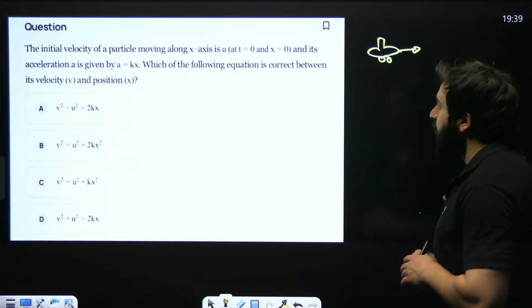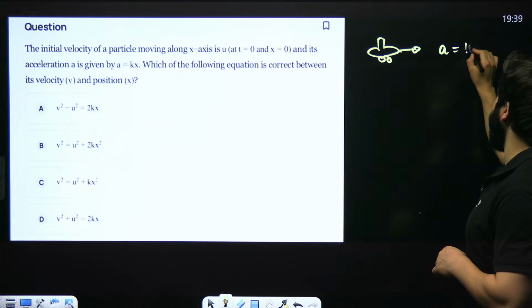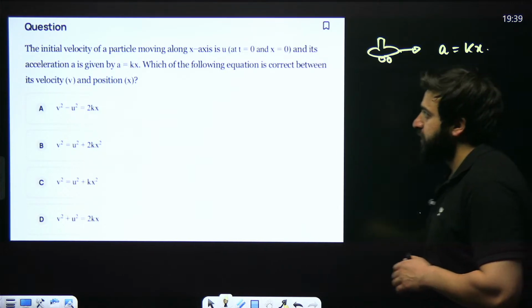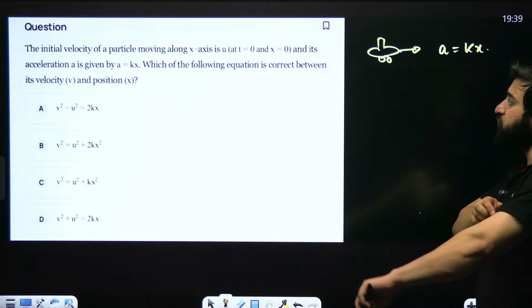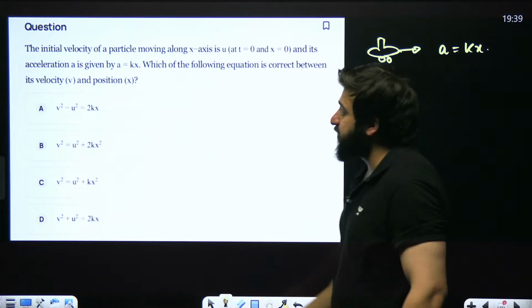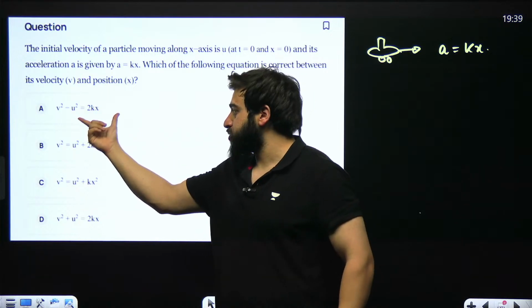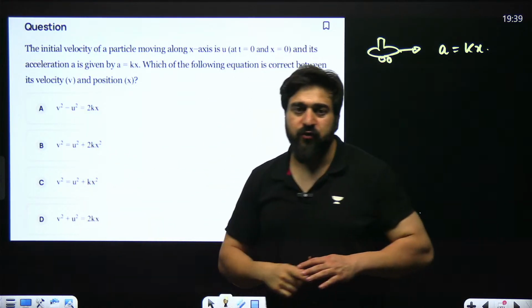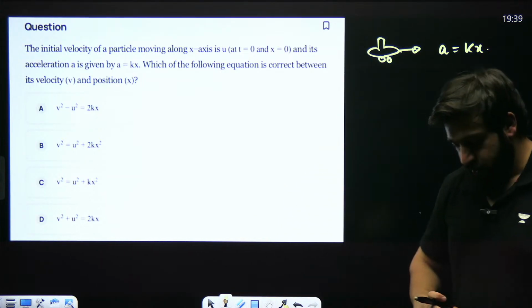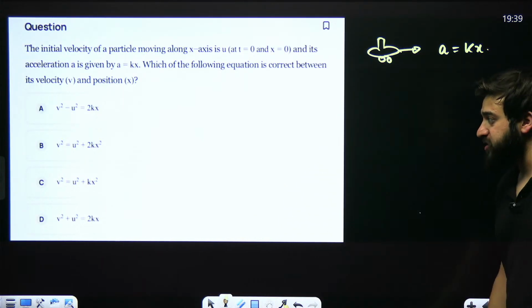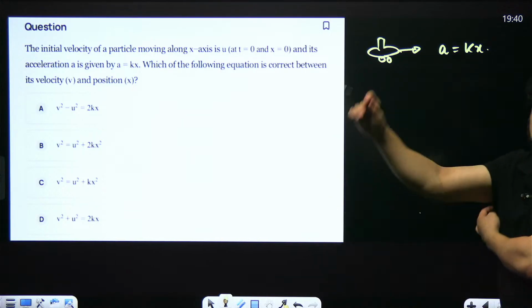And its acceleration is given as k times of x. Which of the following equation is correct between velocity and position?